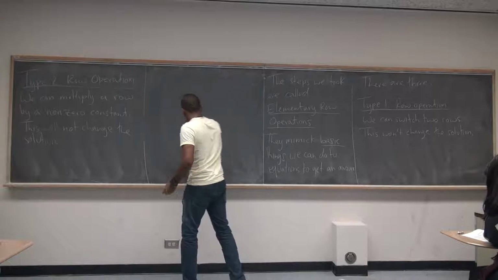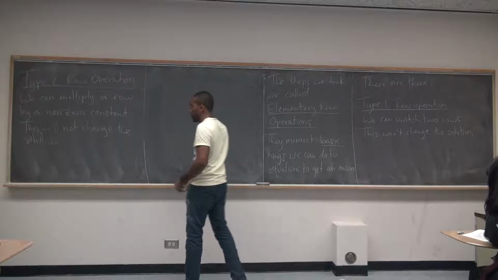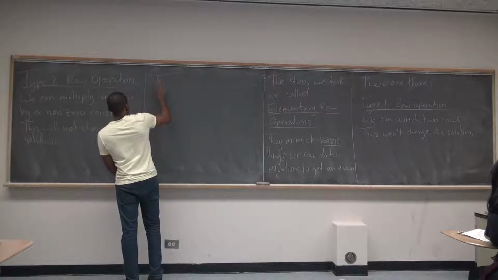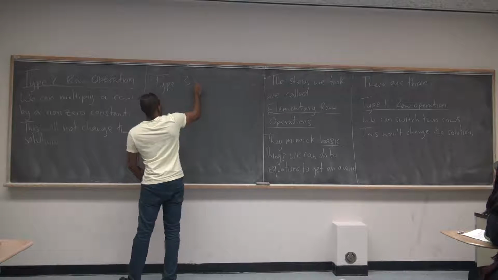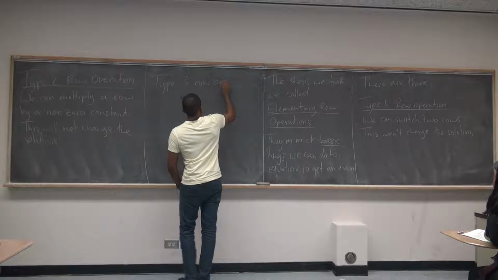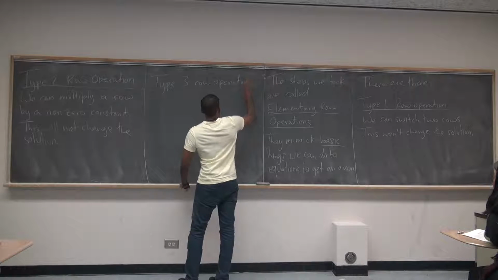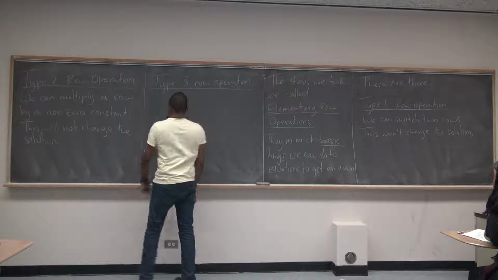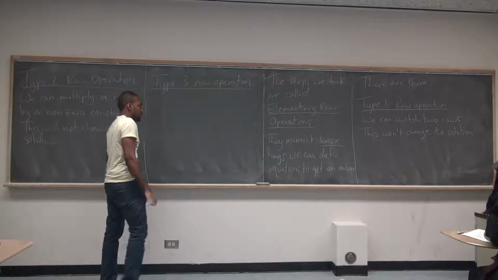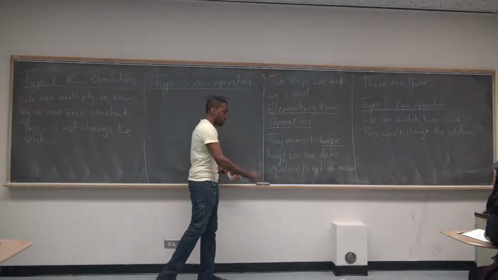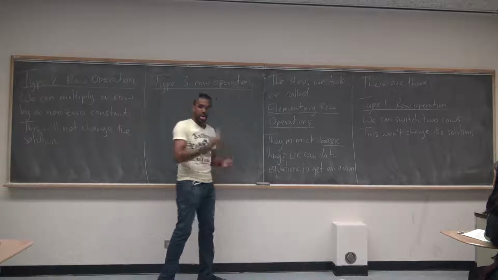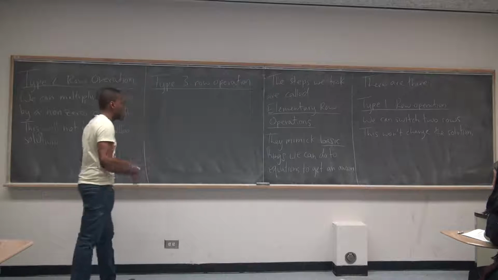The next one is what we did with process of elimination. This is called a type 3 row operation. This is what we did when I multiplied one row by 2 and then I added it to the other row, right? This is what I did.